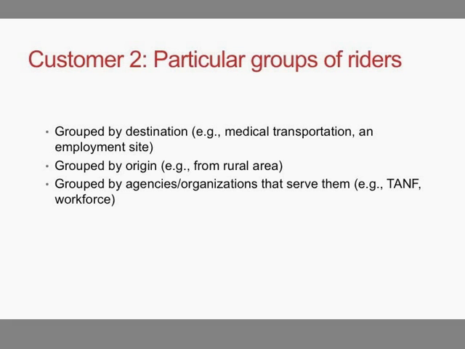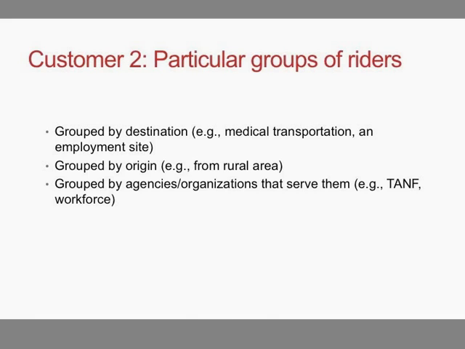The next customer you will need to understand are any particular sections of the community that you and your network decide should be the focus of your efforts. These riders may be identified by their destination, their origin, services they receive in common, or other shared factors. For example, you may identify patients needing to make long-distance medical trips as your top priority.